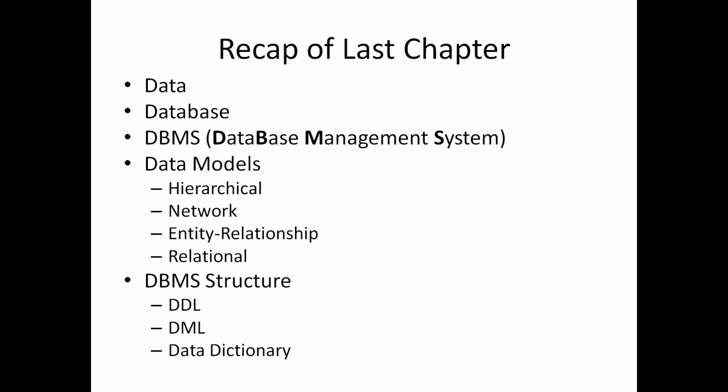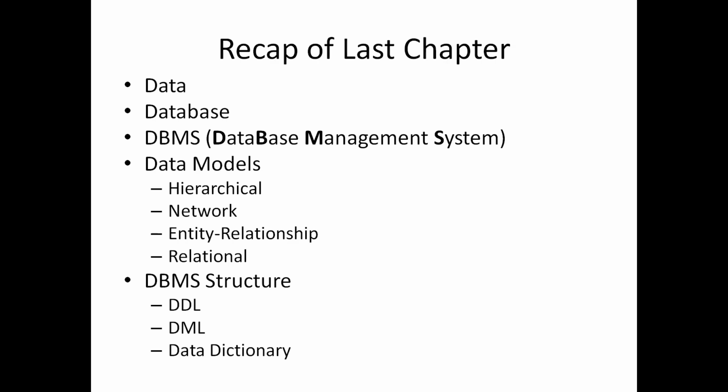Then we looked at the various data models. When you're storing your data into a database, not into a file system but into a DBMS system, you need to follow some techniques to store that data using something called data modeling. There are various data models available that we talked about, like hierarchical, network, entity relationship, and relational.